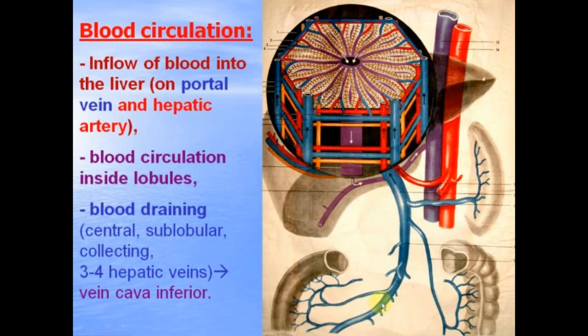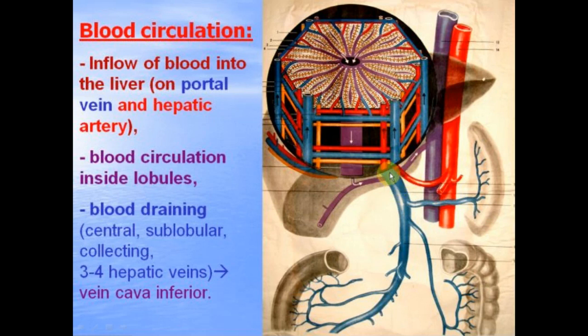And this blood goes through the liver. The second source is the hepatic artery, which starts from the abdominal aorta and brings blood enriched with oxygen.